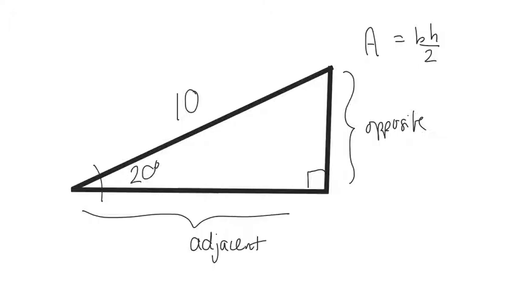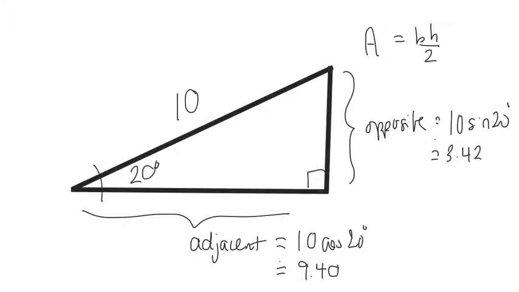Okay, so with my hypotenuse set at 10 and my angle set at 20, I can compute my different sides. I won't go through the full rationale using the reference triangle, but the adjacent side has to be 10 multiplied by cosine 20 degrees, and the opposite side is going to equal 10 multiplied by the sine of 20 degrees.